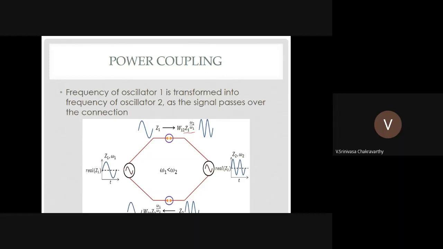Nothing like that. Each oscillator will perfectly oscillate at its own native frequency, but the connection will make sure that what one oscillator is saying is understood by the other oscillator. Which is a very interesting situation. And this is possible because of this special term.